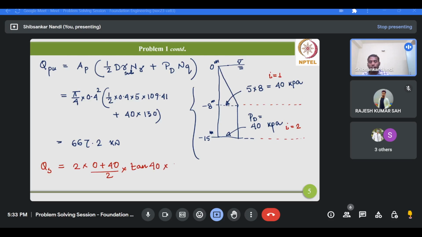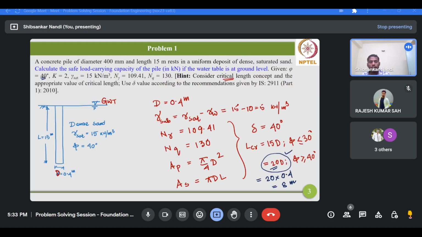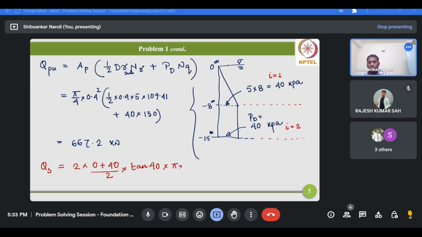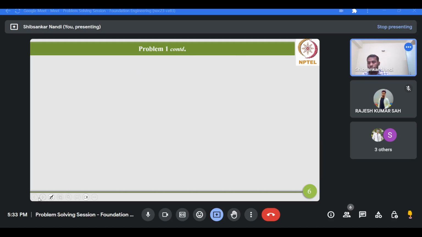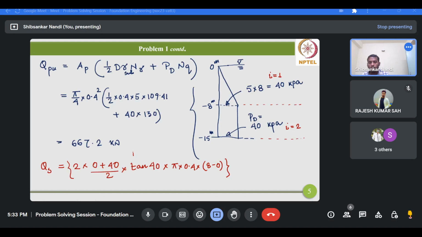Now coming to ASi, the formula is pi d L. So it will be pi multiplied by 0.4, and L for this layer is basically 8 minus 0. This is for layer 1. Similarly for layer 2, this will be 2 multiplied by 40, since the average effective overburden pressure is simply 40, then tan 40 multiplied by pi into 0.4 into 15 minus 8.